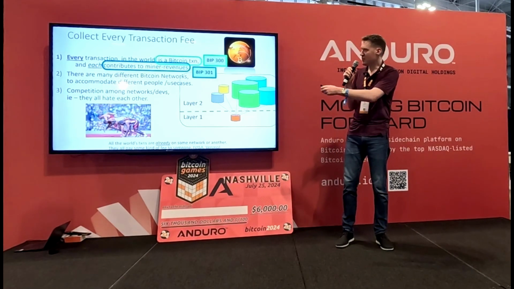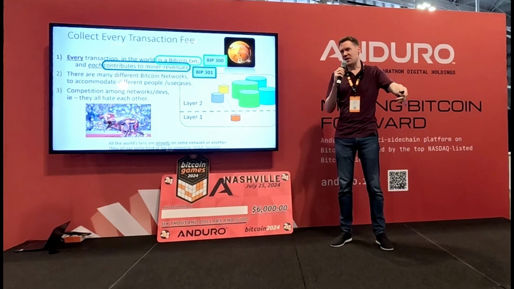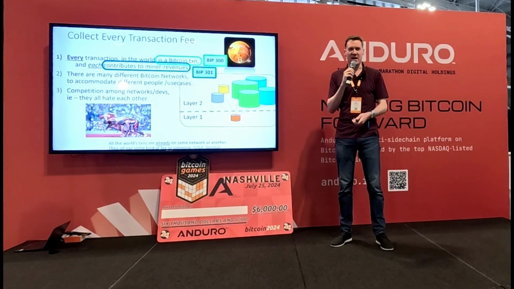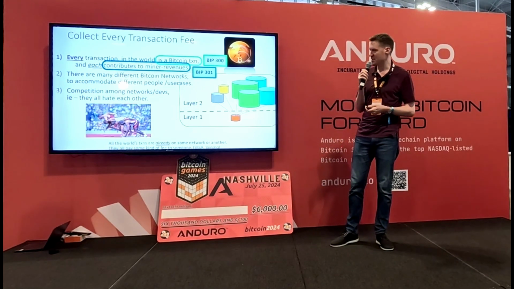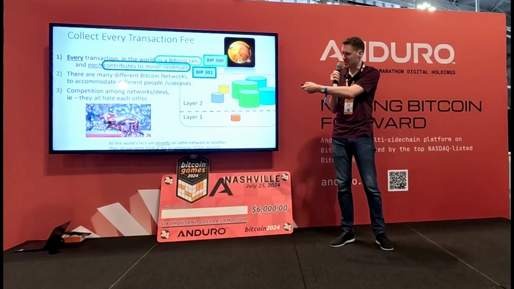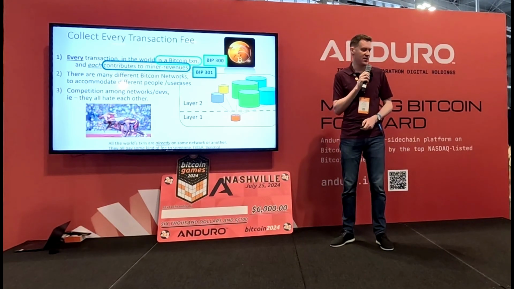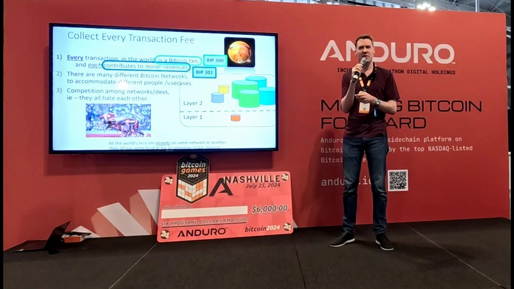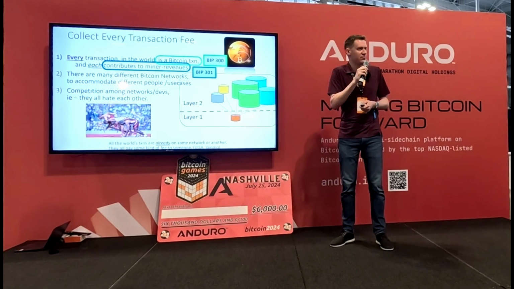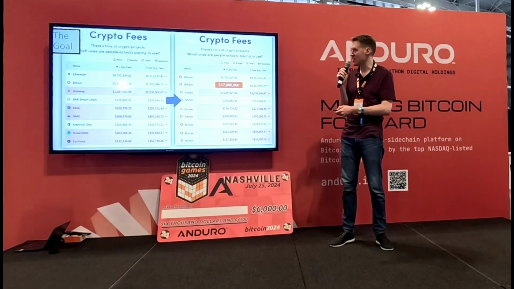BIP 300 is what allows these transactions on different networks that may have different features or different block sizes. This is what allows them to be Bitcoin transactions. And then BIP 301 is this form of merge mining that pools all of the transaction fees down to the L1 miners. So anyone can read about this, and if you look in the BIPs repository, you can read the actual BIPs here.